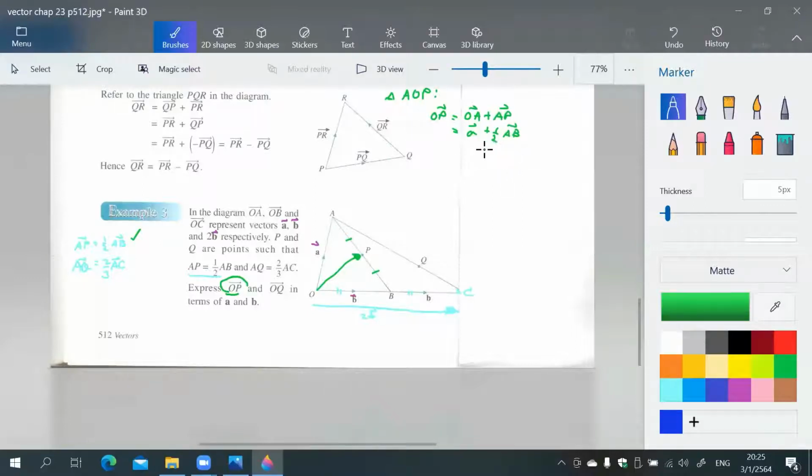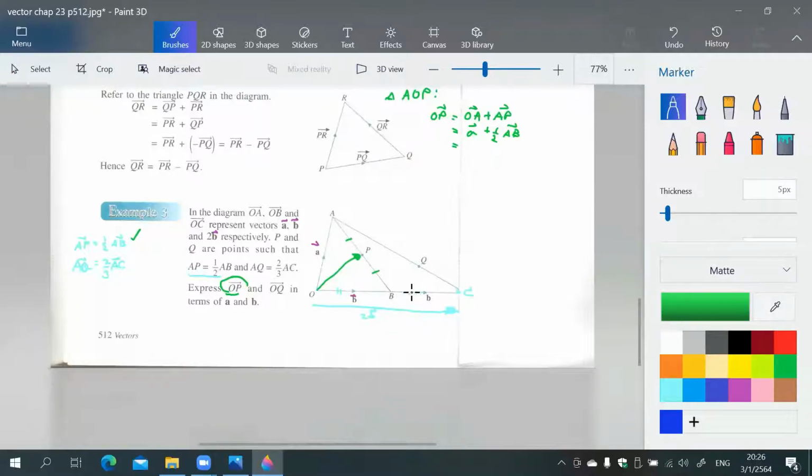Now we have to find vector AB. We can use these two triangles, ABO or ABC. I will use either one, but I think it's easier with triangle ABO, because we have data of OB and OA.